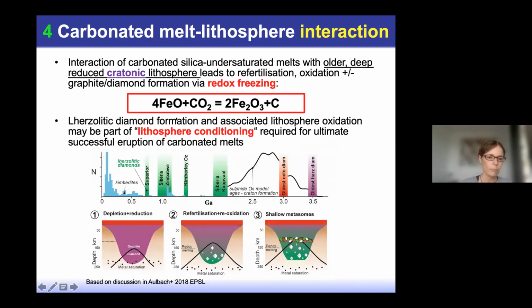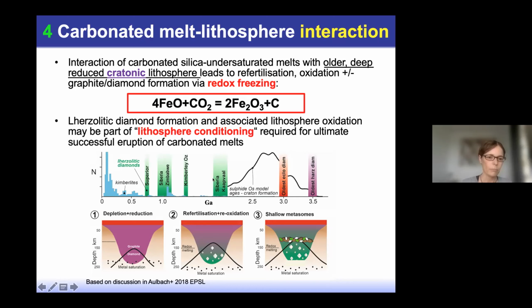And we can look to the diamond record for some ideas on how this refertilization and reoxidation that eventually allows for increasing stability of carbonated silicate melts has occurred through time. And so we know that the oldest harzburgitic diamonds formed about 3.5 billion years ago.